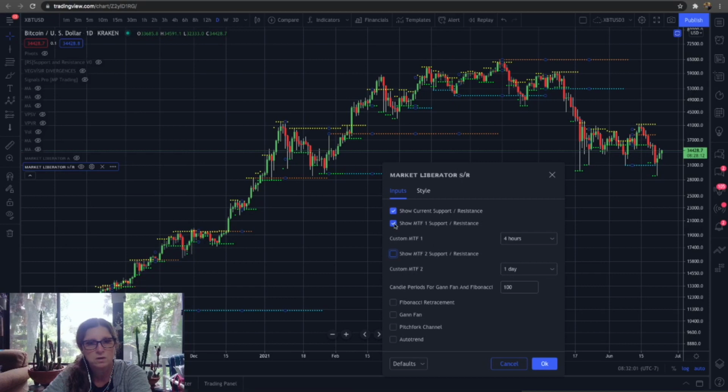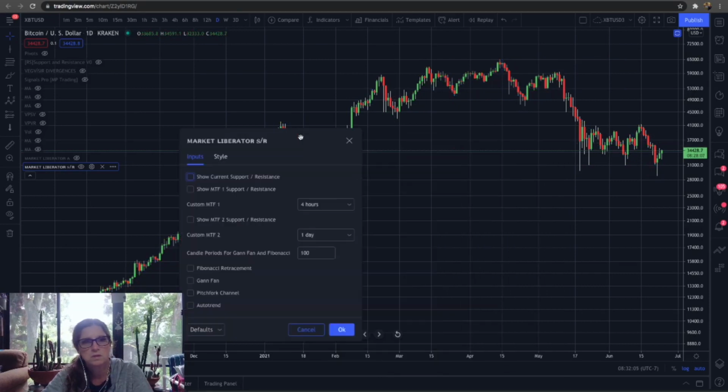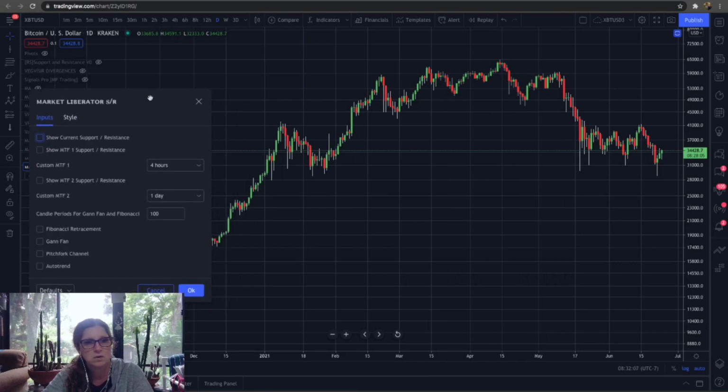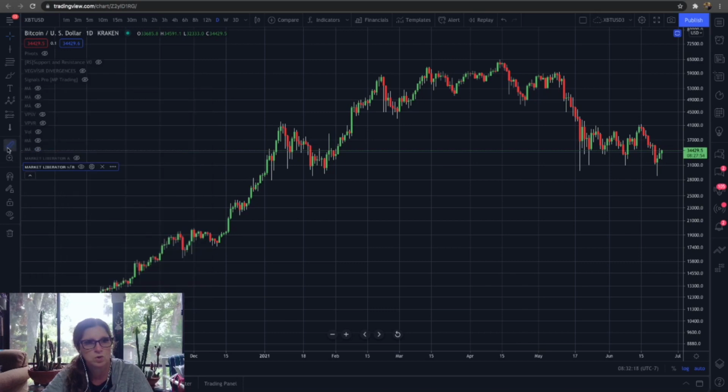Now what I think is really cool is this indicator will also give you Fibonacci retracements. So what you do is you take your little ruler tool, and say you want to do a Fibonacci retracement from, let's see, let's just do from here to the top.